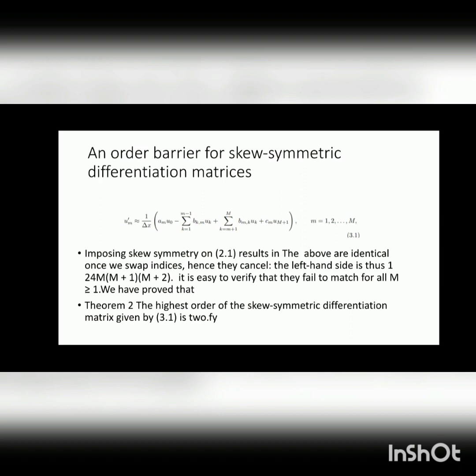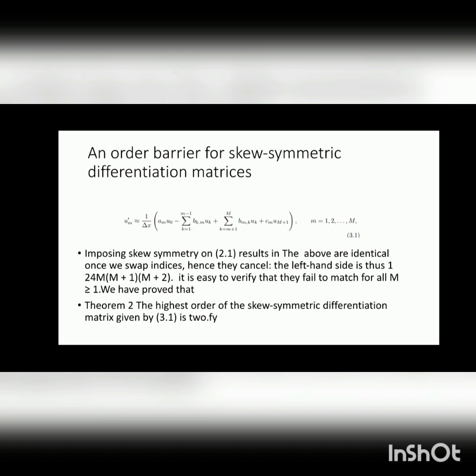First point, imposing skew symmetry, the terms in the above are identical once we swap indices, hence they cancel. The left hand side is thus 24m(m plus 1)(m plus 2).